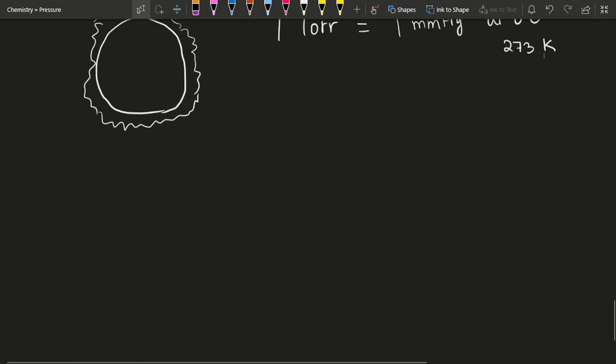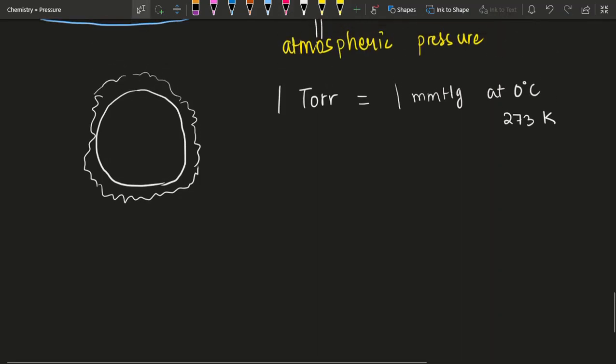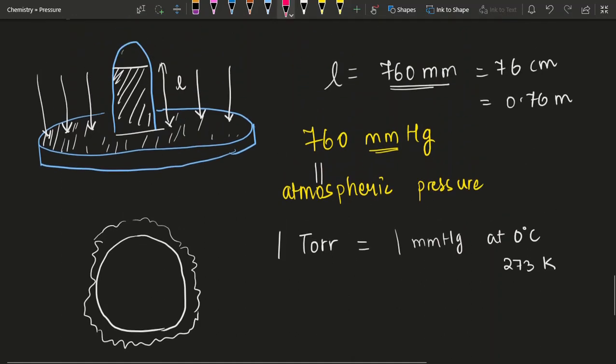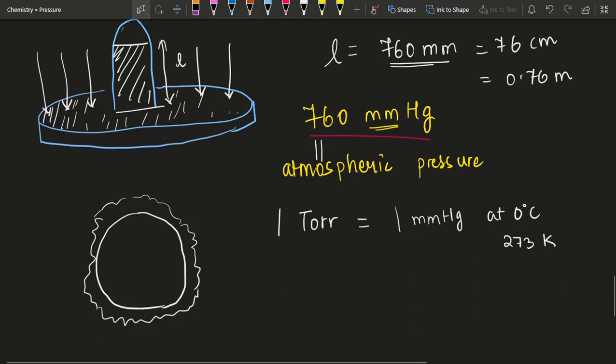There are also certain other units when we talk about pressure. And first of all, even before talking about them, let's convert this rather non-SI unit. mmHg is not an SI unit. It was not described as the de facto unit by Système International.